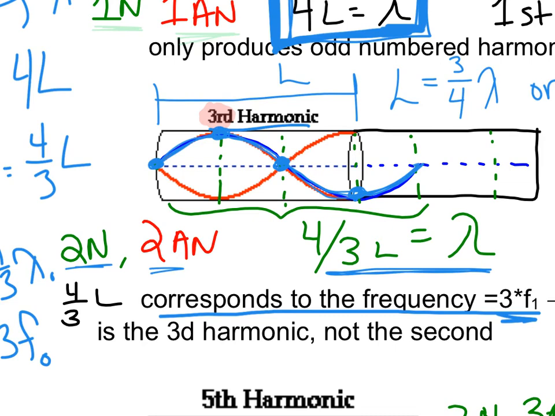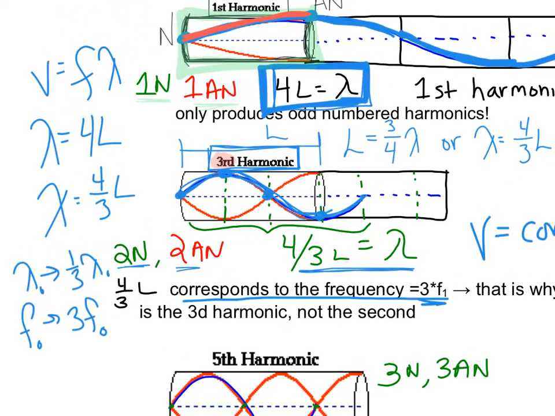It's 3 times my fundamental frequency. And that means that this next highest harmonic we're seeing is not the second harmonic, it's the third harmonic. It's the wavelength that is 1/3 of my fundamental frequency's wavelength. It is my frequency that's 3 times the fundamental frequency.